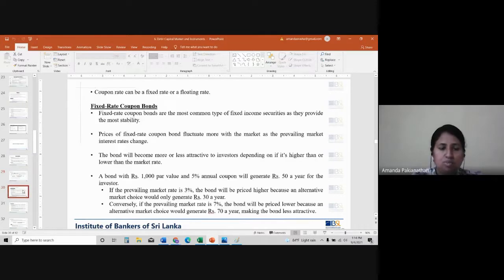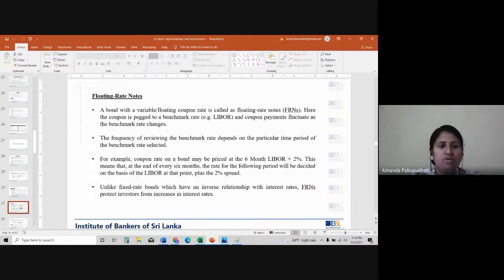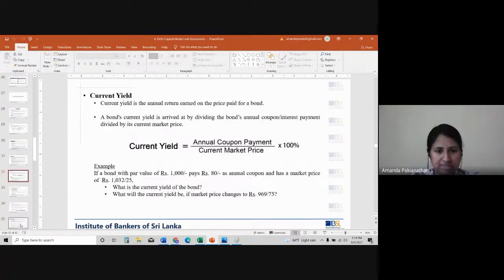So this coupon can be a fixed rate coupon and a floating rate coupon. Those we went through in detail. Current yield is a different aspect. What does that tell you?